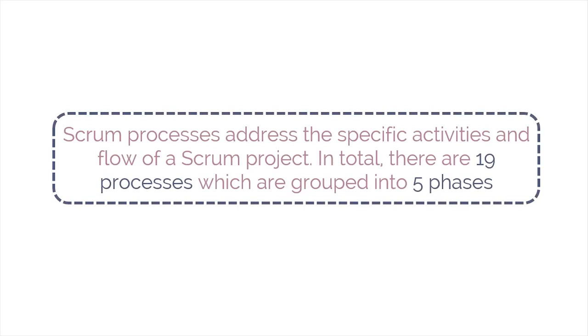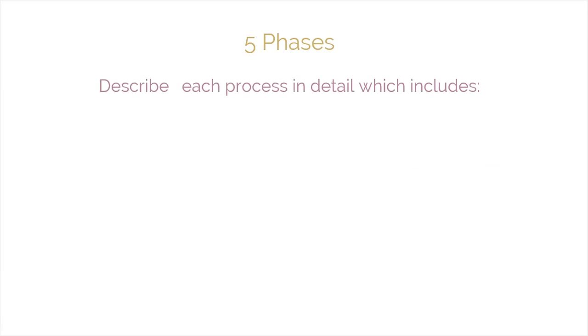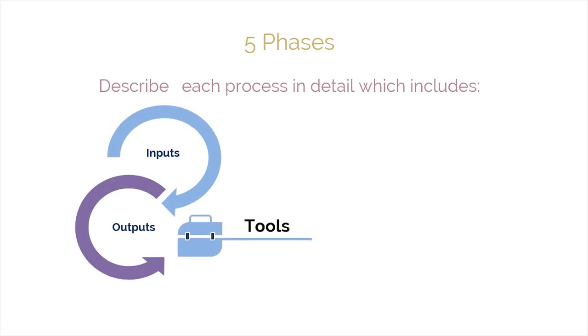In total, there are 19 processes, which are grouped into 5 phases. These phases are presented in chapters 8 through 12 of the SBOK Guide. These 5 phases describe each process in detail, including the associated inputs, tools, and outputs.